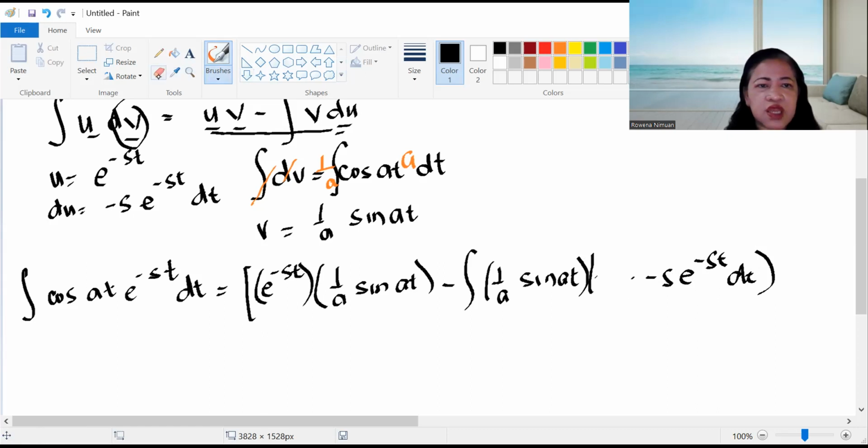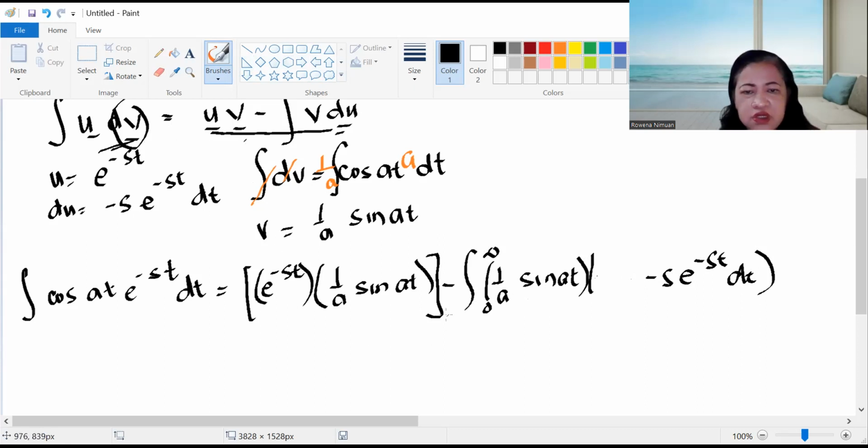Sorry for this, there is some kind of problem with my tablet. So I have already completed the conversion from this integral into this integral.